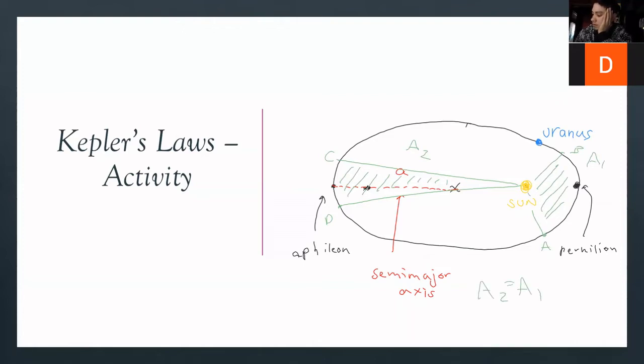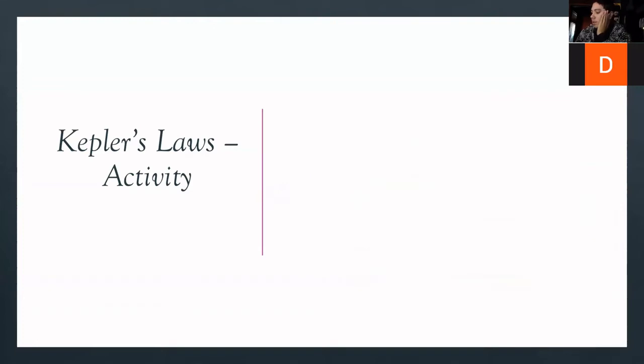Also, the time it takes to get from point D to point C and point A to point B are also equal to each other. So this is the drawing you should have. We're going to continue forward and do some questions based off of this.